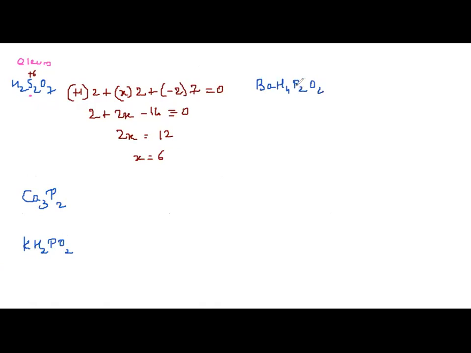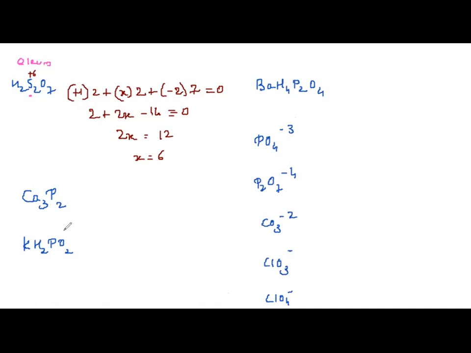Then let us consider some of the ions: PO4 minus 3, then P2O7 minus 4, then CO3 minus 2, then ClO3 minus or ClO4 minus. So let us take all these items.